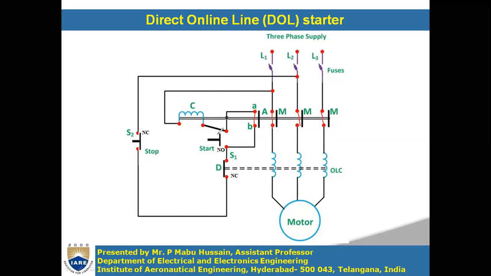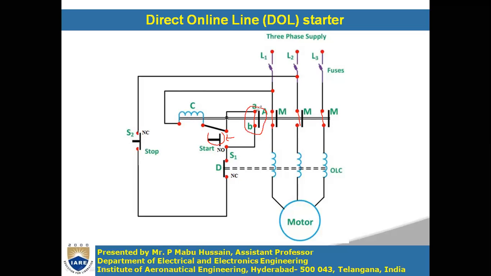Now the start button is a push button, so you will release your finger. Whenever you release it, there will be no contact here. But this coil will be maintained at 440 volt supply through this pole.